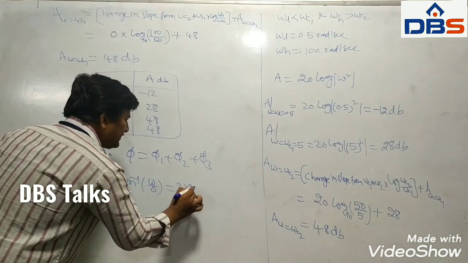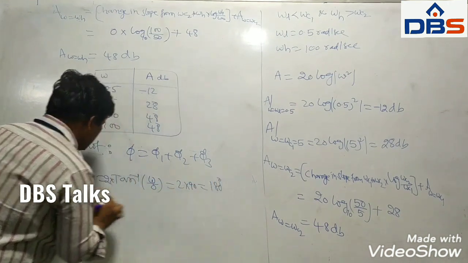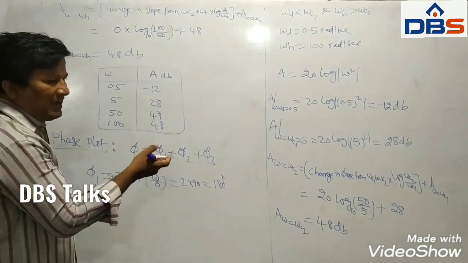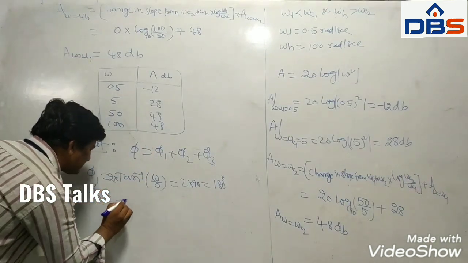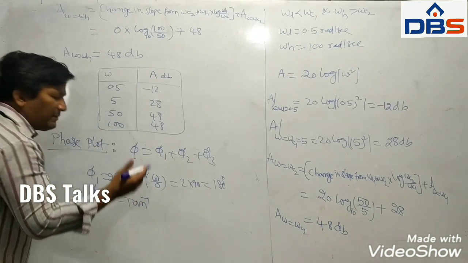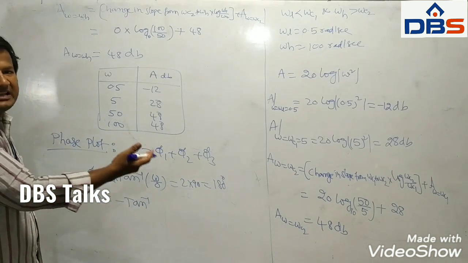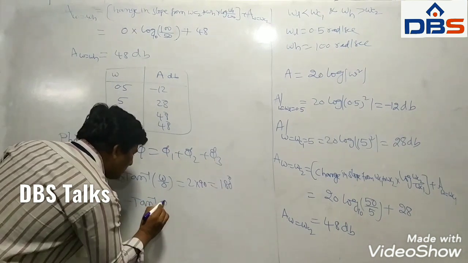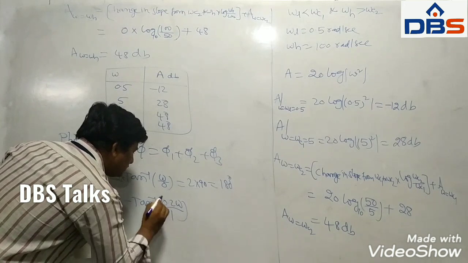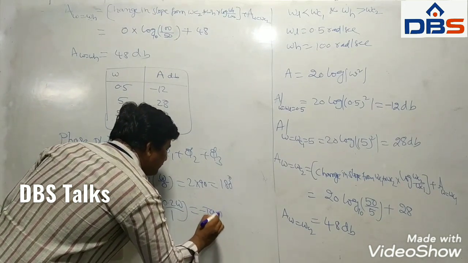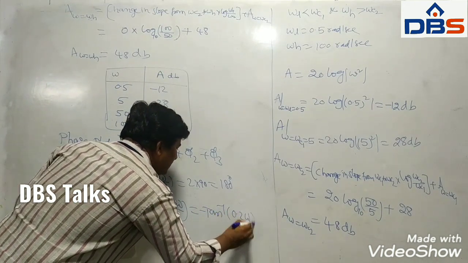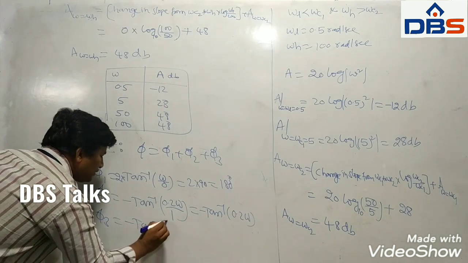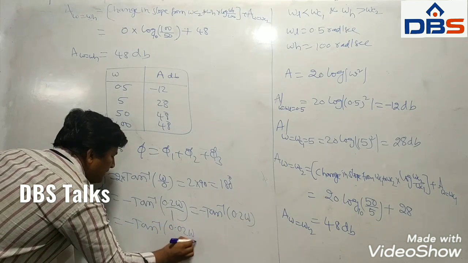So for the two zeros, phi 1 is equal to 2 into tan inverse of omega by 0, which is infinity, tan inverse of infinity. So 2 into 90 degrees, that is equal to 180 degrees. And phi 2 is nothing but, since the value is in the denominator, minus tan inverse of imaginary part by real part. The imaginary part is 0.2 omega and the real part is 1. So this is minus tan inverse of 0.2 omega. And the third one, phi 3, is minus tan inverse of 0.02 omega by 1.